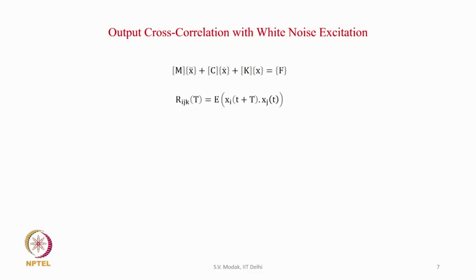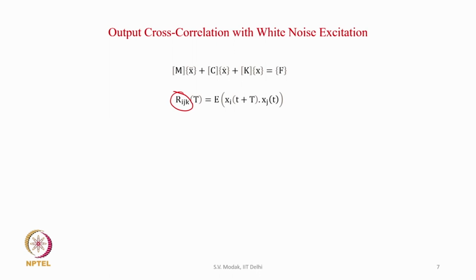The cross correlation between the ith and jth coordinate due to white noise excitation at the kth coordinate is Rijk. It represents the cross correlation between the response at the ith and jth coordinate due to excitation at the kth coordinate, and it is equal to the expected value of the product of xi(t+T) and xj(t). Here xj(t) is the response at the jth coordinate and xi is the response at the ith coordinate.